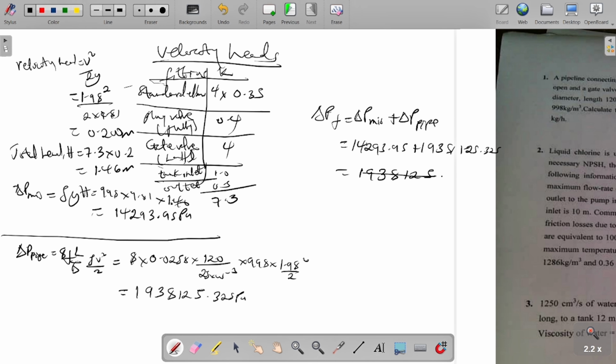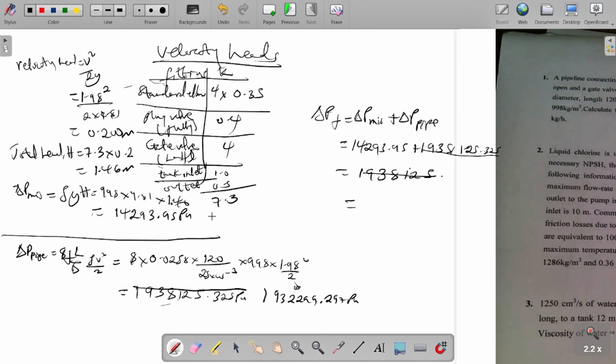So this gave us a value of 1932299.297 Pascal, right?